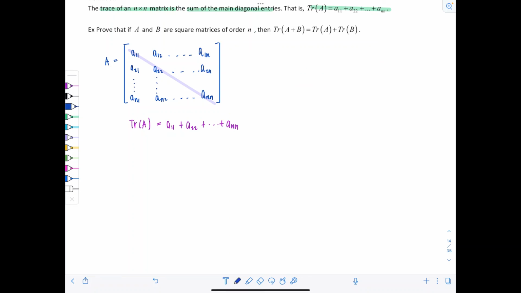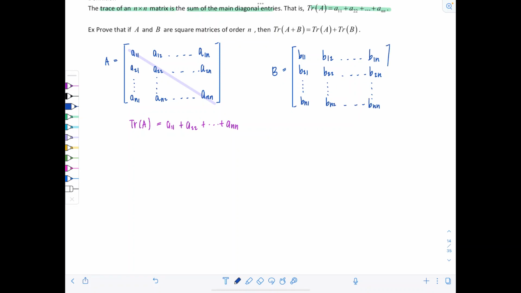And then we also are talking about matrix B. It has the same size. It's also a square matrix, but it's got different entries. So the entries are B11, B21, up to BN1. Then the next column would be B12, B22, up to BN2. Keep it going, B1N, B2N, BNN.